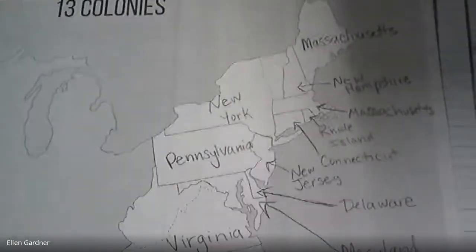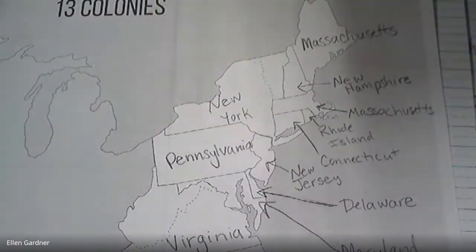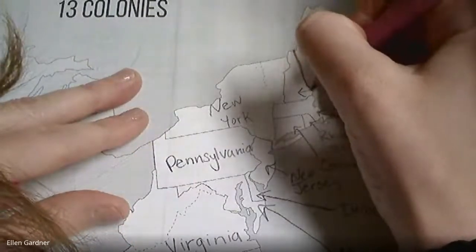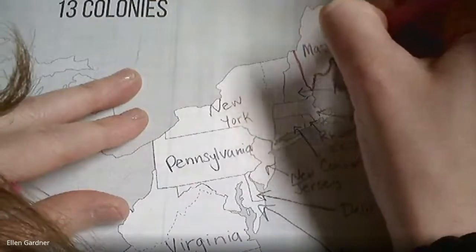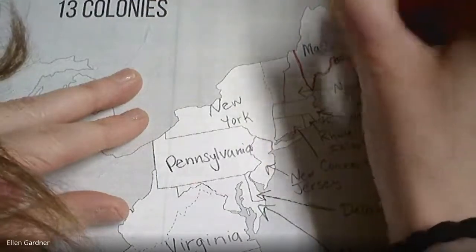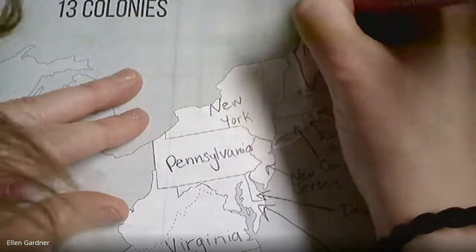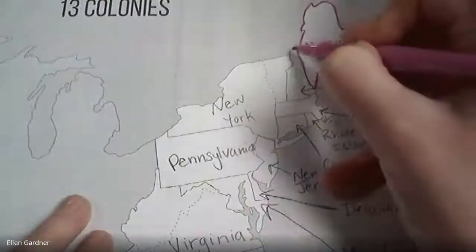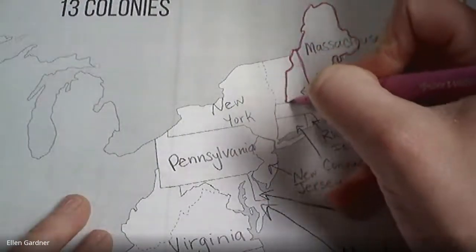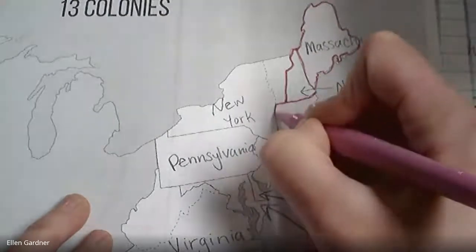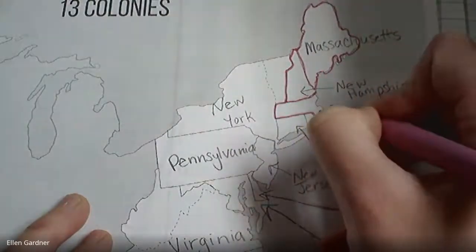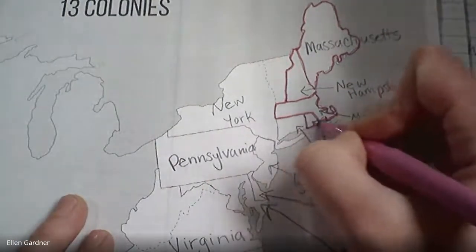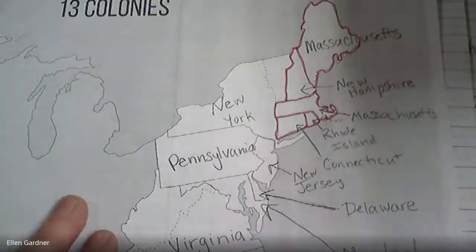Okay, let's start up here with New England. Now, the New England colonies were Massachusetts, I'm not taking too much time, but just outlining Massachusetts and New Hampshire, the other Massachusetts, and Rhode Island, and Connecticut.